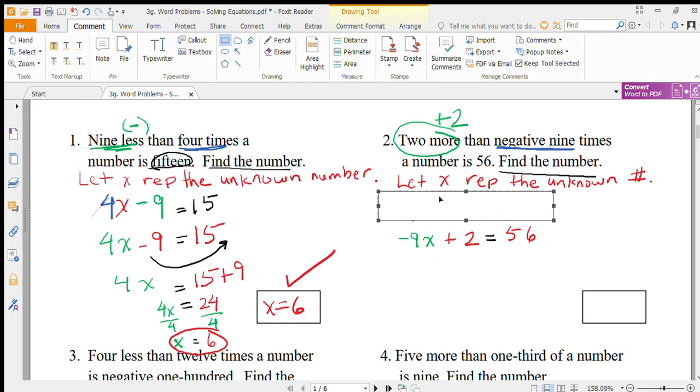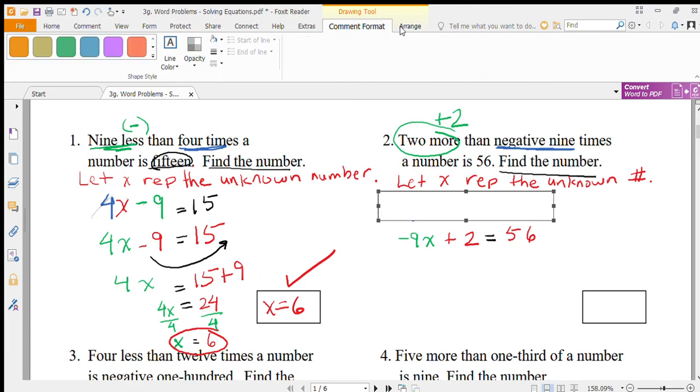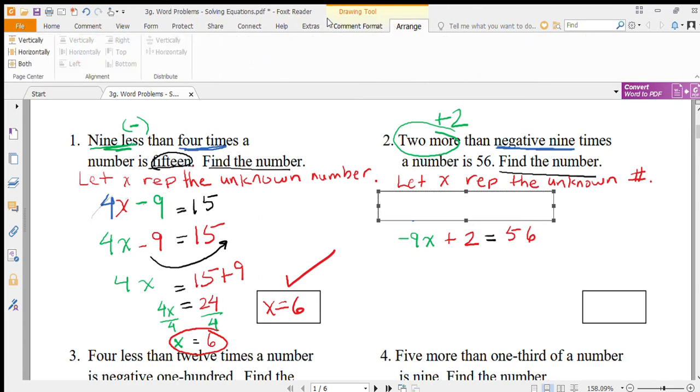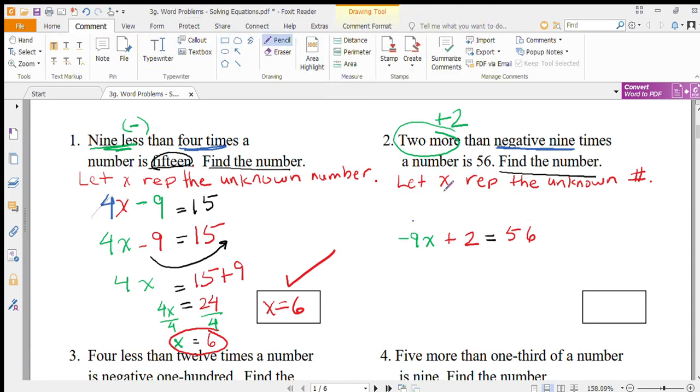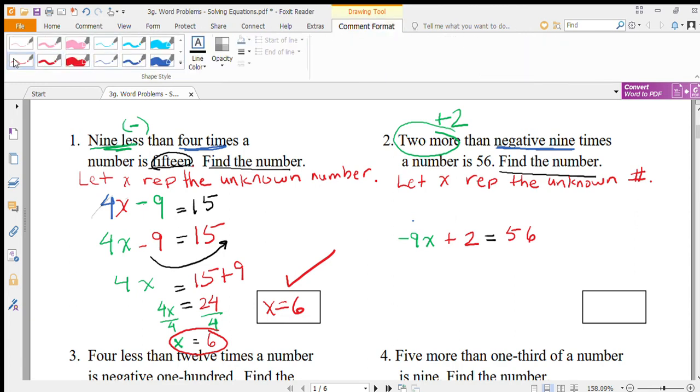Okay, so now once I'm here, just like the assignment, I'm going to move the positive 2 to the other side to get 56 minus 2, right? Because I moved it to the other side. And then equals.